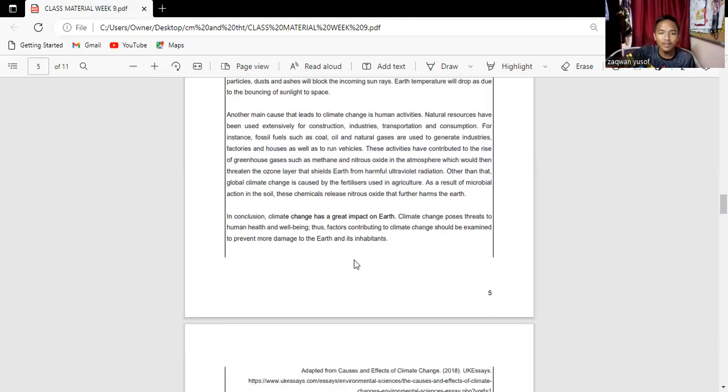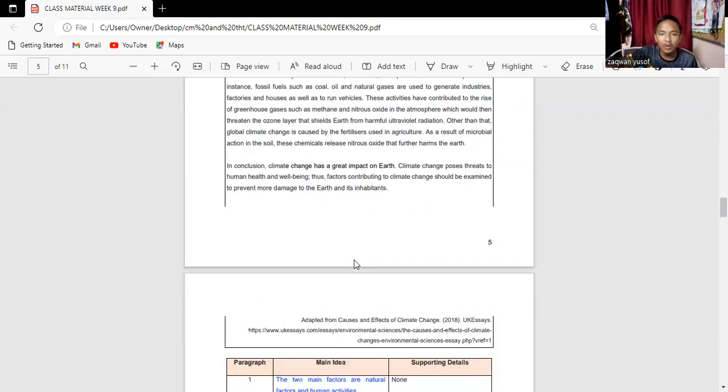In conclusion, climate change has a great impact on the world. Climate change poses threats to human health and well-being. The factors contributing to climate change should be examined to prevent more damage to the earth and its inhabitants.